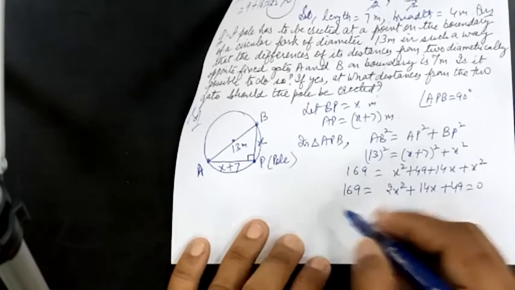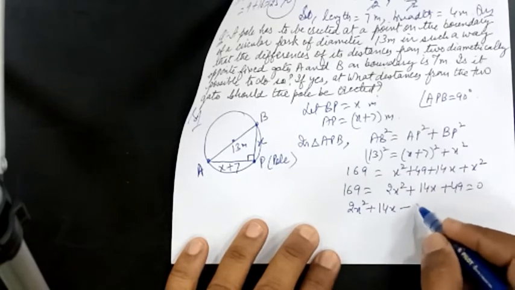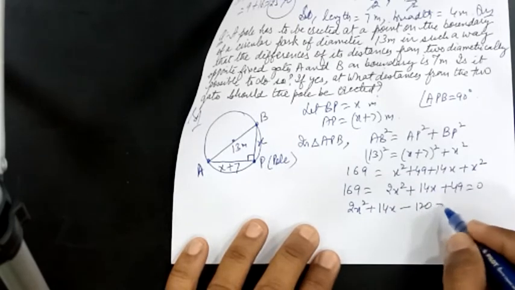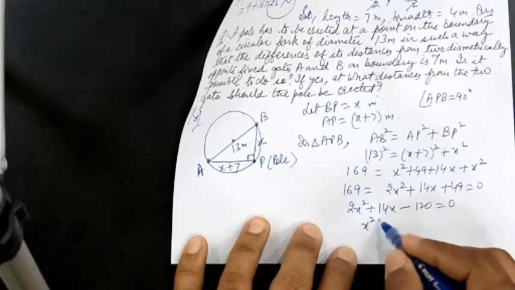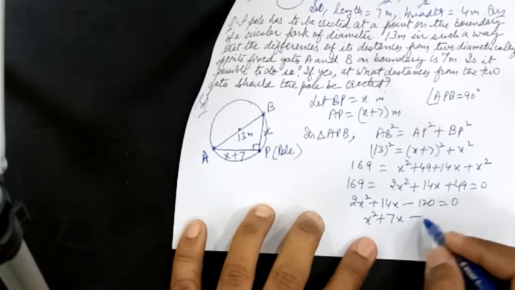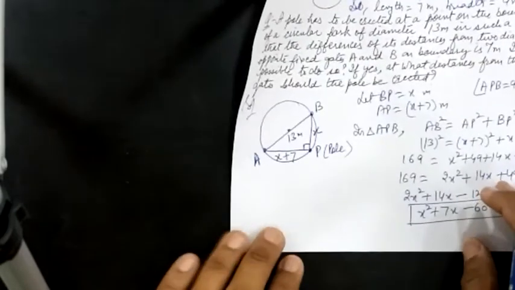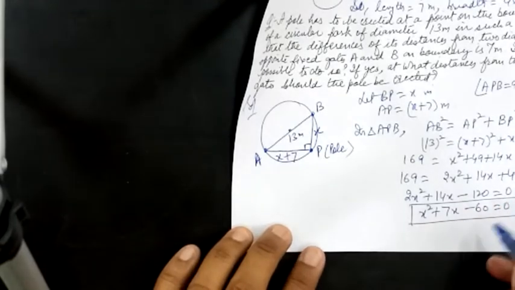So what you get? 2x squared plus 14x minus 120 equal to 0, or you can say, taking 2 common, x squared plus 7x minus 60 equal to 0.